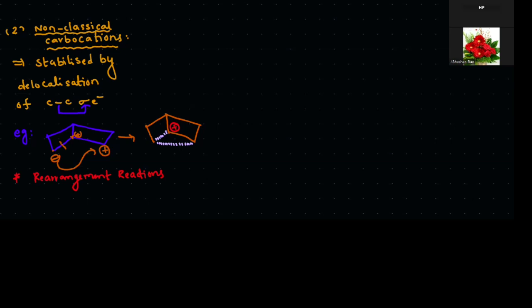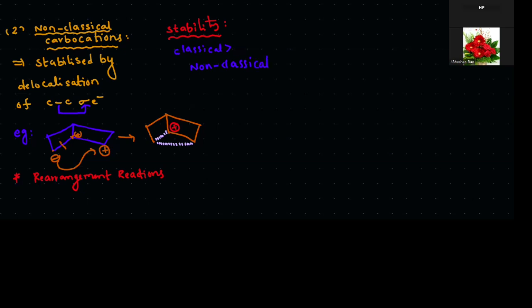Stability of classical and non-classical: which one is more stable? I will give the order of classical and non-classical. In these two, classical is always more stable than non-classical.